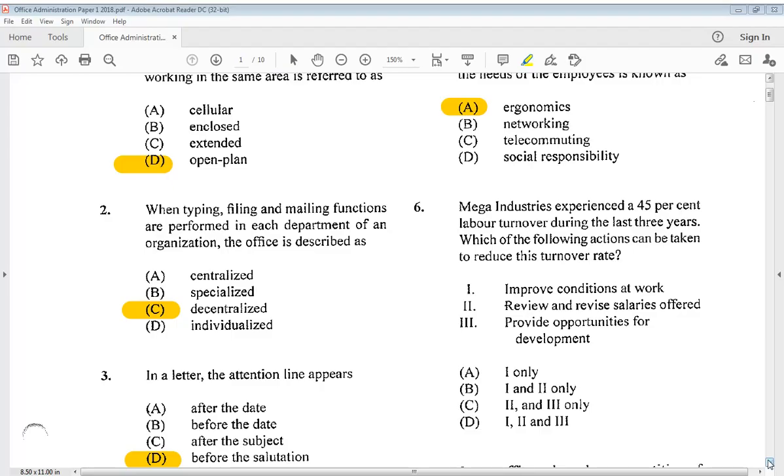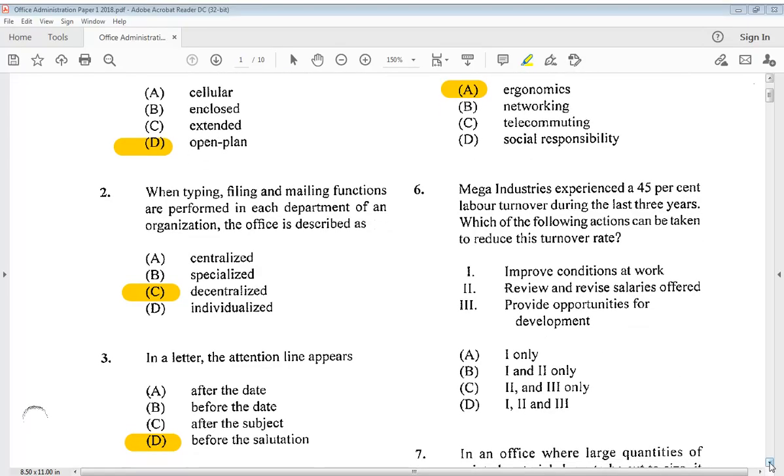Well, we know in order to reduce the turnover rate and to actually satisfy the employee, all of these would be very important to do. Improve the work conditions at work, review and revise salaries offered, and provide opportunities for development so that we could have a better turnover rate. So D would be our answer.